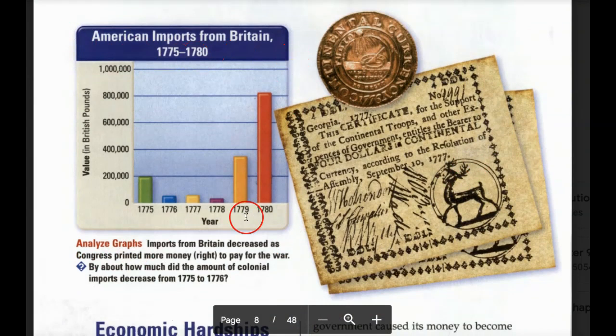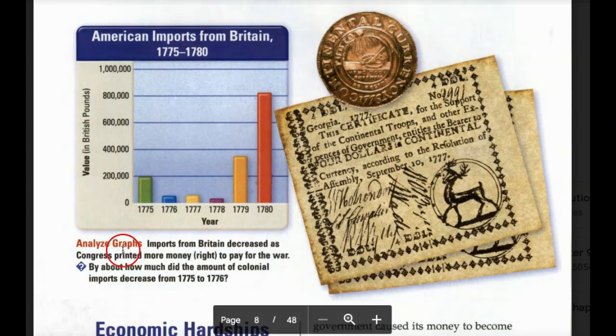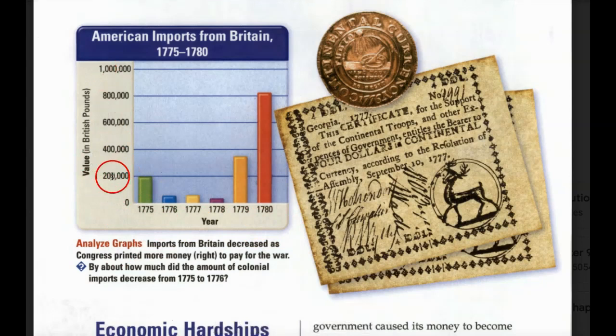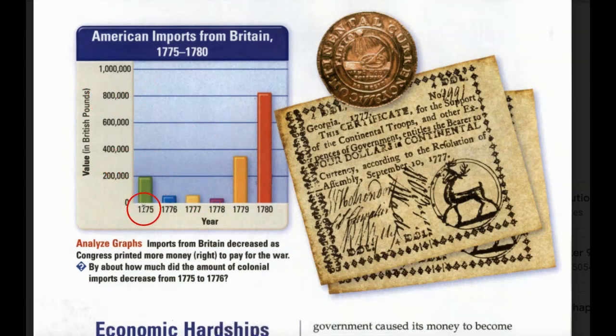American imports from Britain. Value in British pounds and the year. So the value ranging from, let's see, we have 200,000 up to 800,000.